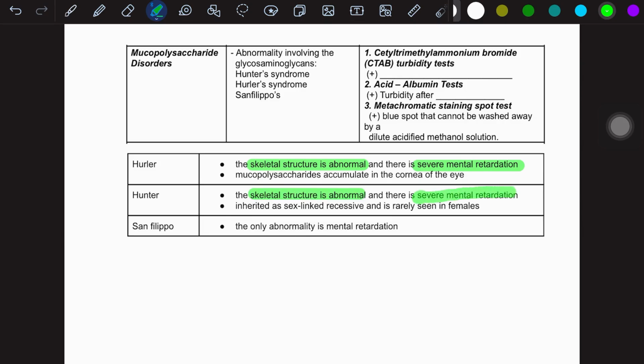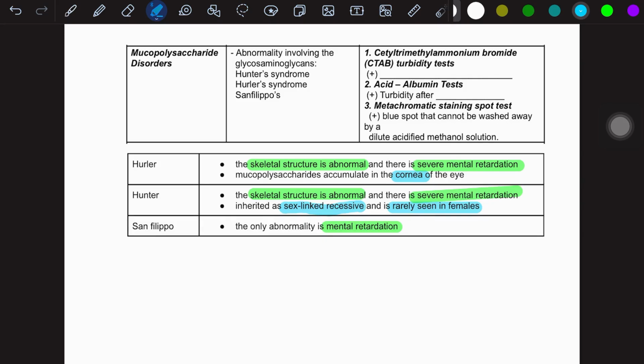For Sanfilippo, the only abnormality is mental retardation. In addition, for your Hurler, mucopolysaccharides accumulate in the cornea of the eye. For your Hunter, it is inherited as sex-linked recessive and rarely seen in females.